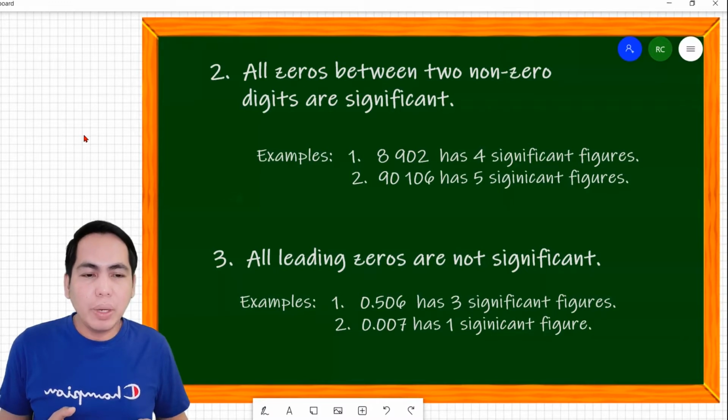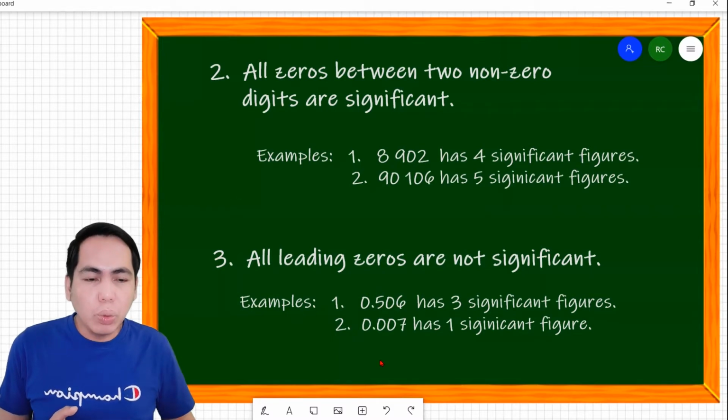Let's say number 1, 506,000 has 3 significant figures because the first 0 is not significant because it is found before the non-zero digit. But this second 0 here is significant because it is found between two non-zero digits as stated in rule number 2.